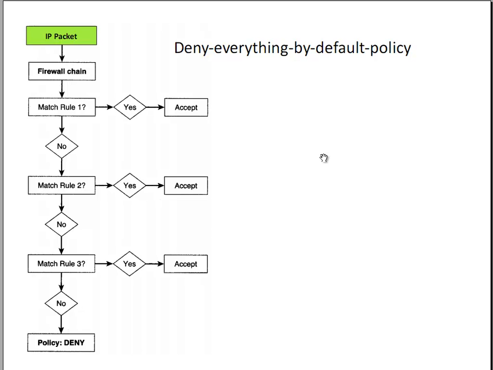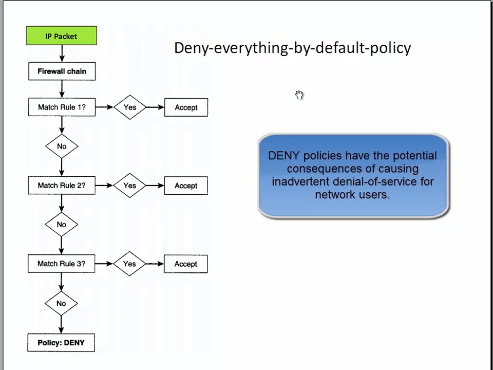Now think for a second, what would be the possible negative consequences of having a deny everything by default policy? If in our rules we happen to miss something critical, let's say for example we want some clients on the network to be able to access an FTP server.